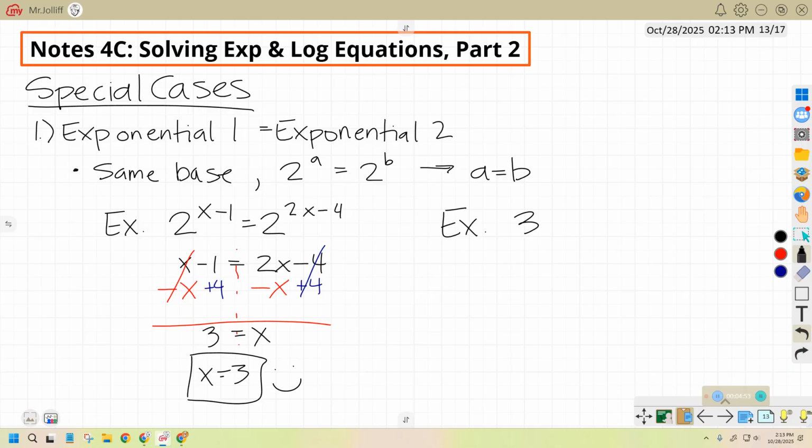3 to the x minus 5 equals 3 to the 6x plus 2. This matches the exponential equals an exponential form.